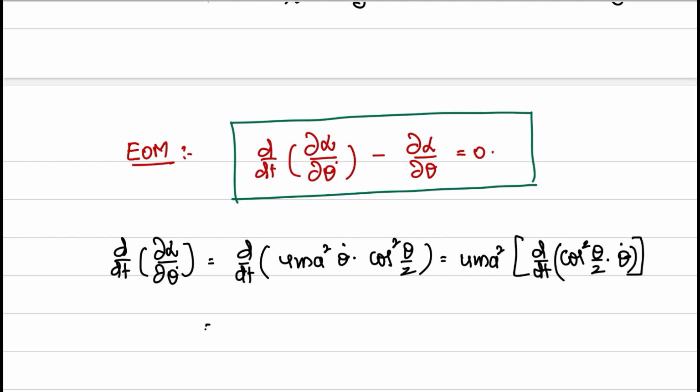Now, this becomes 4 ma square. Please do the derivative on your own. Cos square theta by 2, d by dt, what happens? d by d theta of cos square theta by 2 and d theta by dt. Like that we have to write.